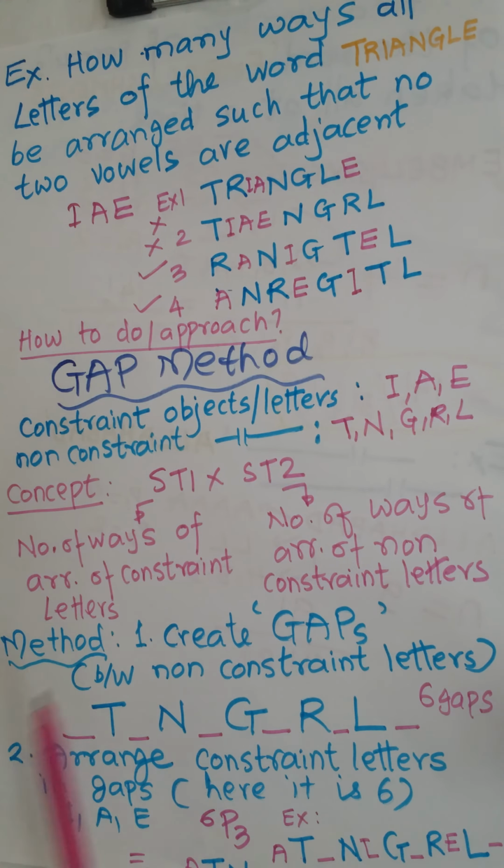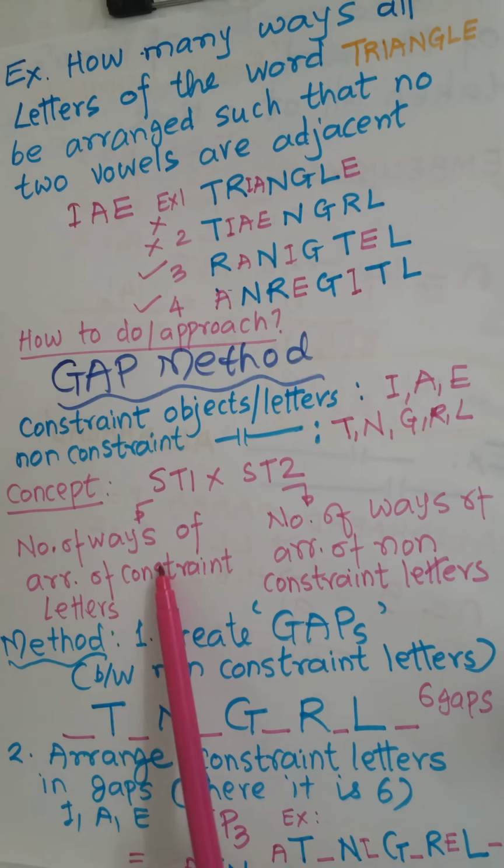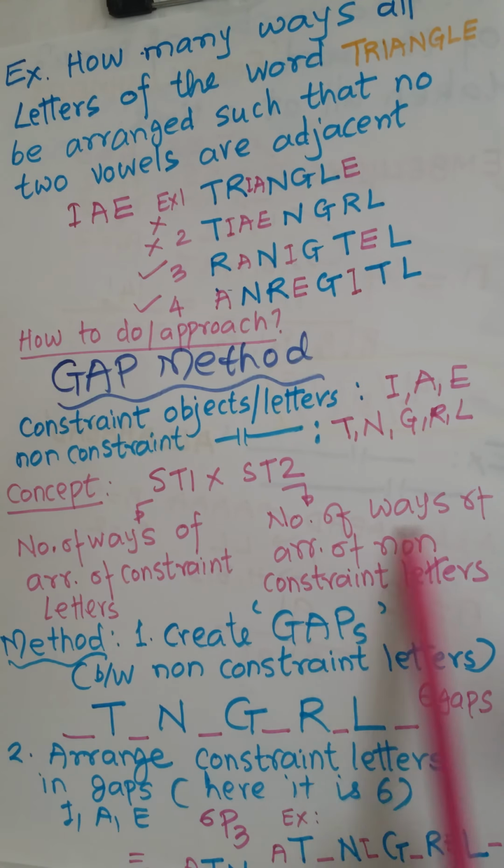From the concept, we multiply the number of ways of arranging the constraint letters and the number of ways of arranging non-constraint letters. Using this, the answer would be 6P3 into 5 factorial.